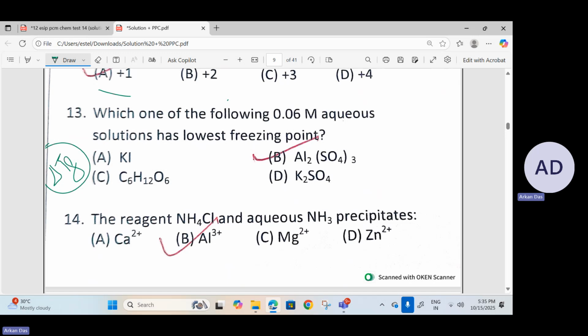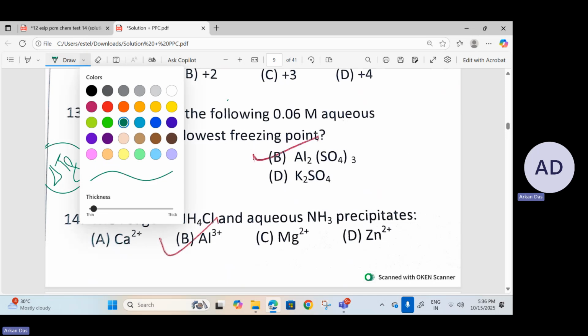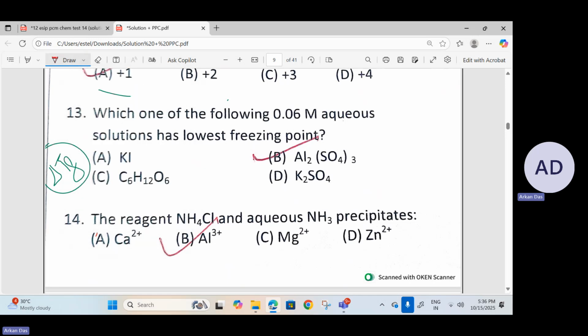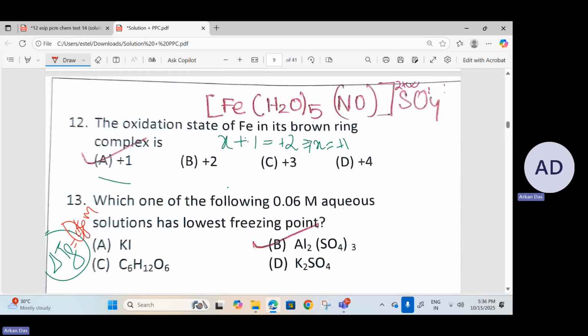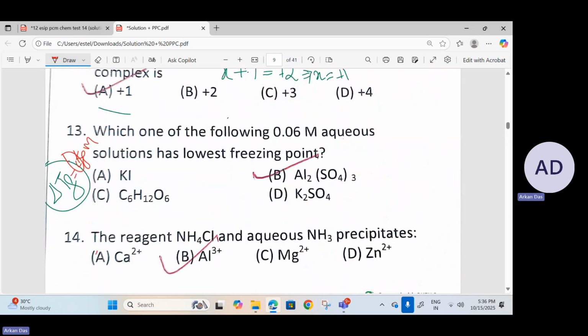Delta TF equals i into Kf into m. So if i is increasing, delta TF also increases, meaning the depression of freezing point increases. Are we clear with this?